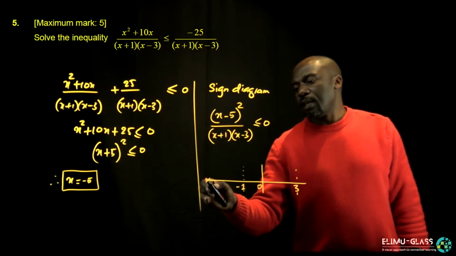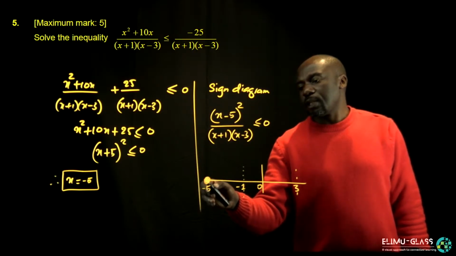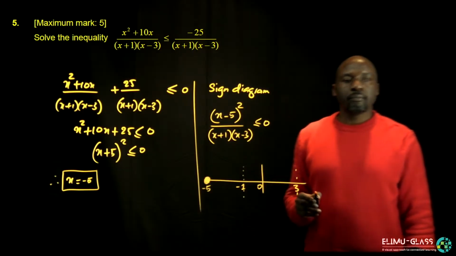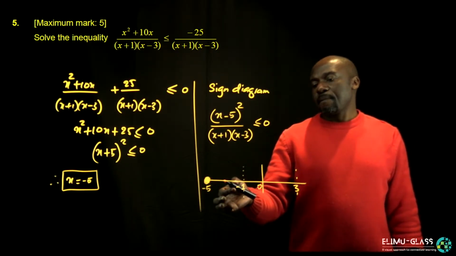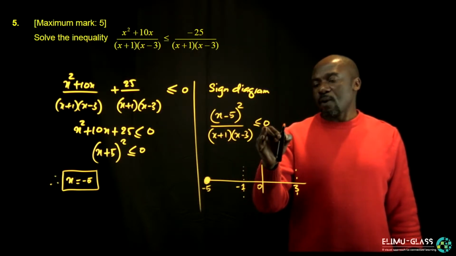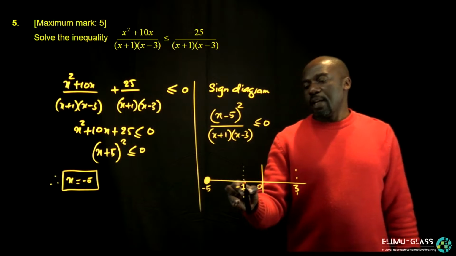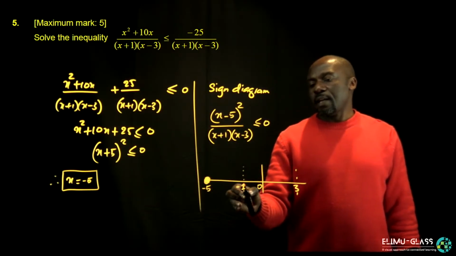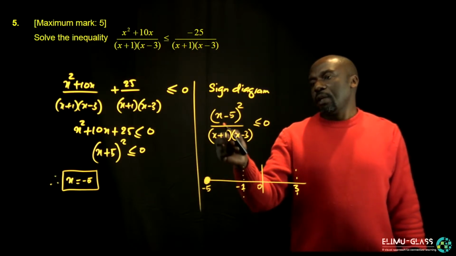We know that a value of -5 is already a solution, so that's one of our solutions. Now we want to know where this whole function is less than 0. So when x is any number lying between -5 and -1, put for example -2 there.